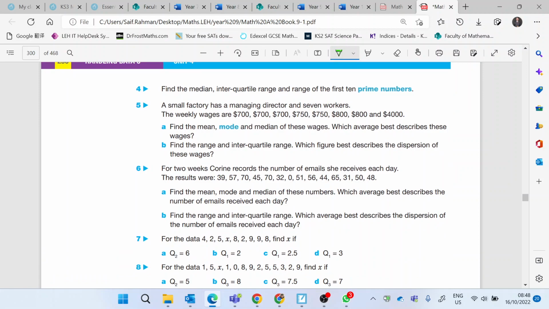The next question is: find the median, interquartile range and the range of the first 10 prime numbers. So what are the first 10 prime numbers?